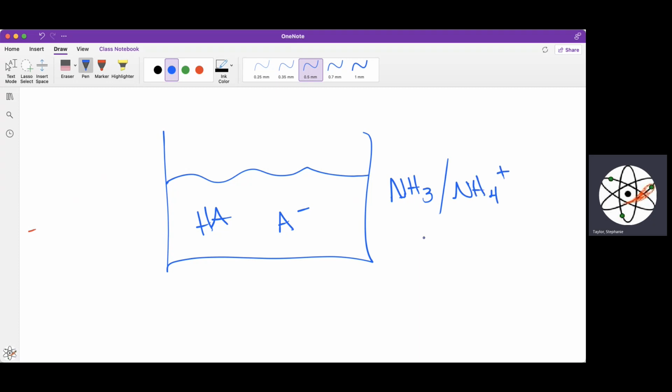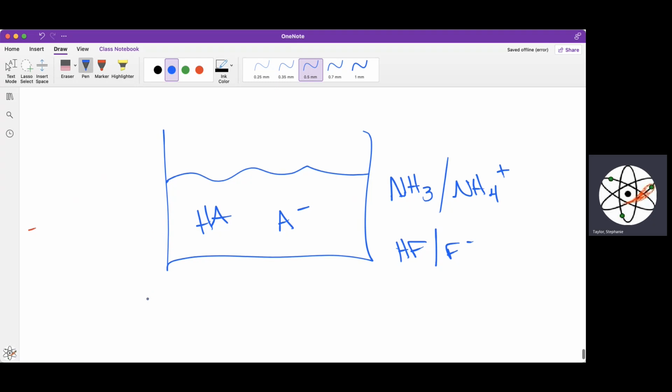Those two together are a buffer. We could even use HF and the fluoride ion as a buffer system. So anything where we have both a weak species and its conjugate can be a buffer.